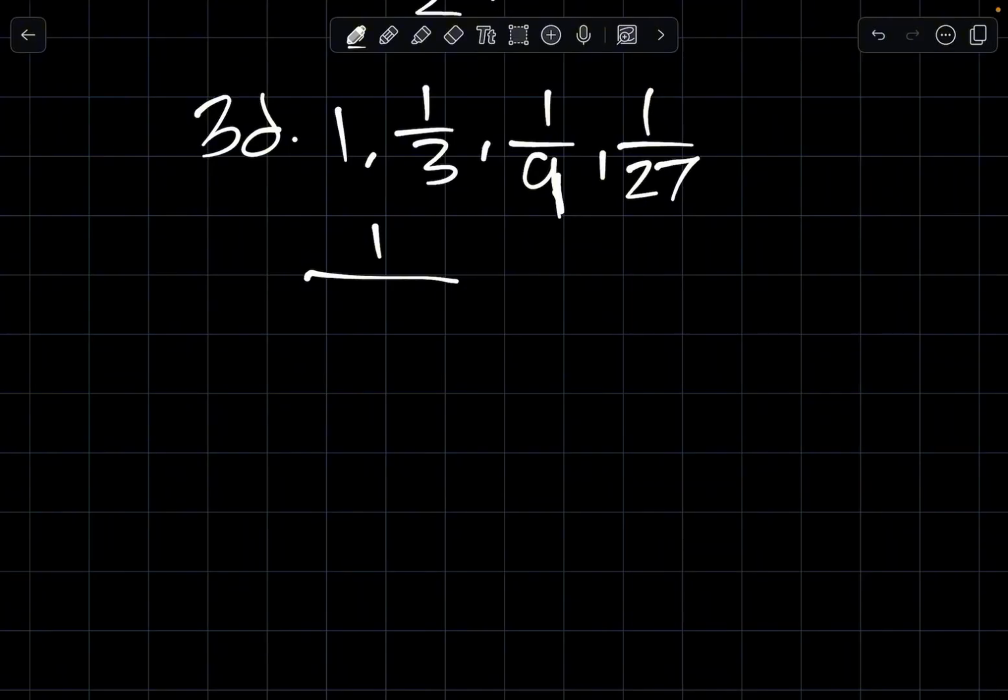So we know our n equals 1 has to be equal to 1 here. And we notice that these are all powers of 3. So easily we can already write 3 to the n. And then, as we said earlier, since our first term is 1, and any number except for 0 to the power of 0 is equal to 1, we can add a minus 1 right here. And when n equals 1, we get 1, and so on and so forth.